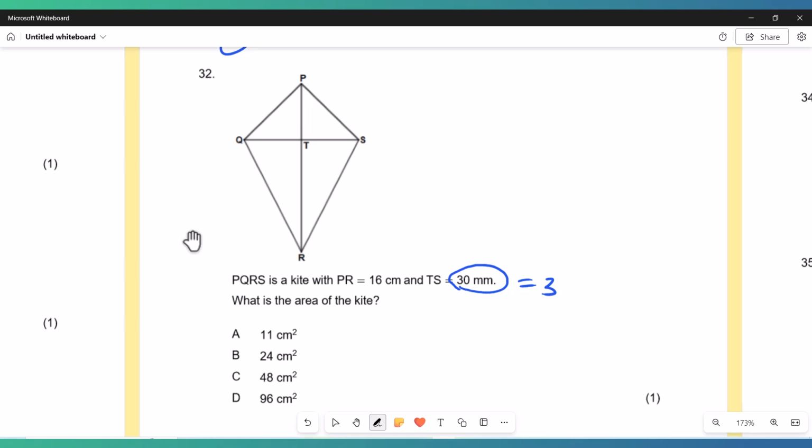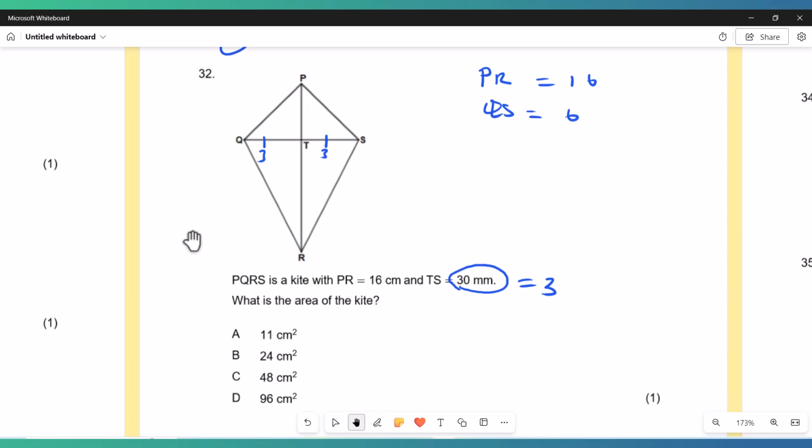For the kite, this is a diagonal here, which is PR, they gave us 16. So PR is 16. What about our QS? Because we have TS as 3, this one must also be 3 here. So our QS is 6, that is 3 plus 3.